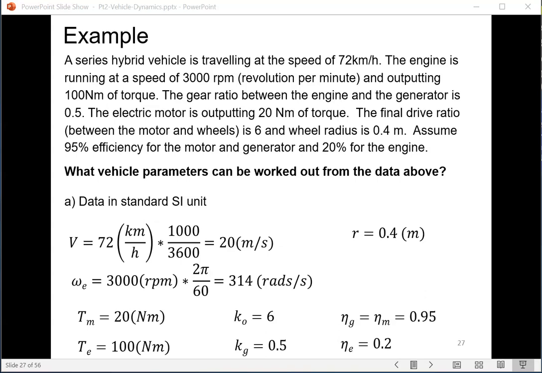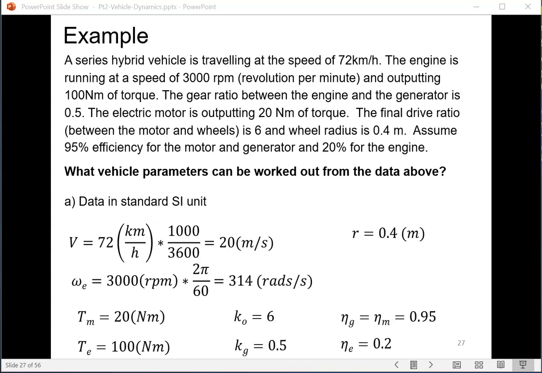So there are a lot of calculations, a lot of formulas between different conversion factors of the forces, the torque, the velocity, and also the power.